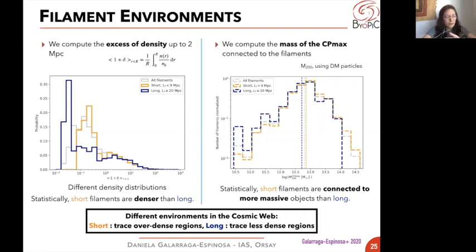So this gives us a picture of short filaments that might not correspond to the cosmic filaments that shape the structure of the cosmic web. These short filaments might rather be in overdense regions, maybe acting like bridges of matter between overdense structures.